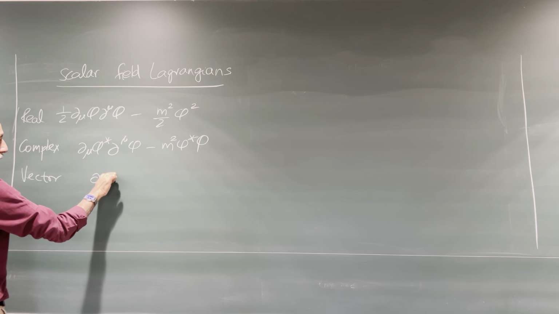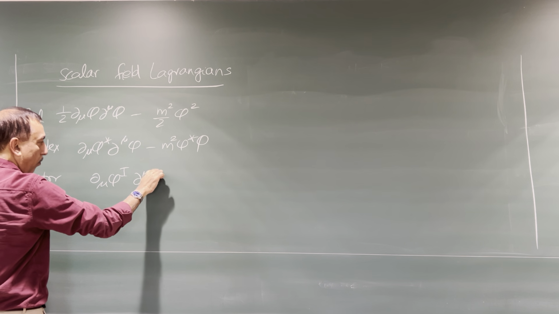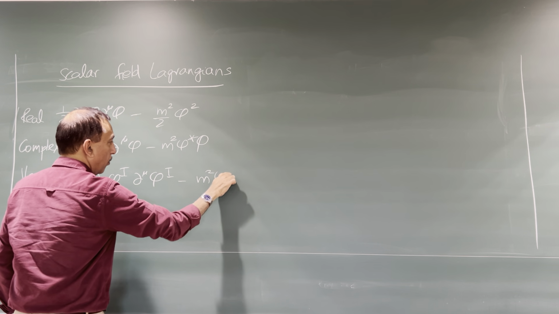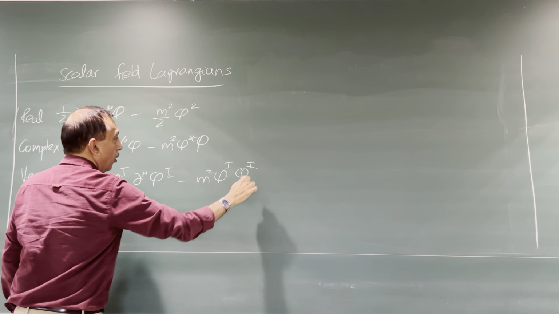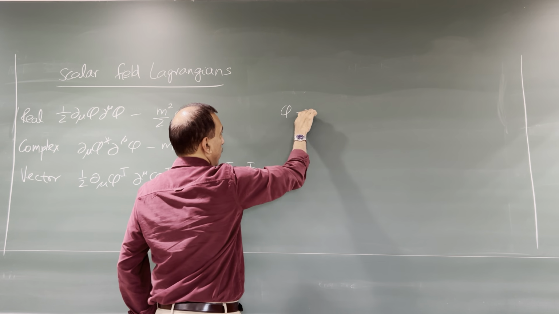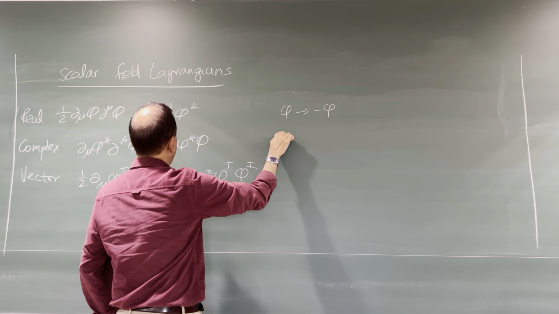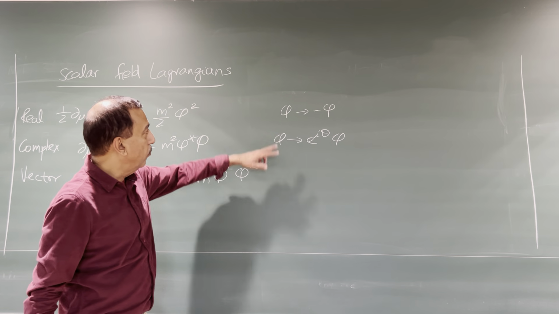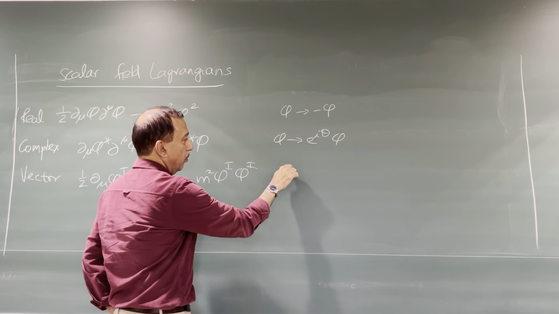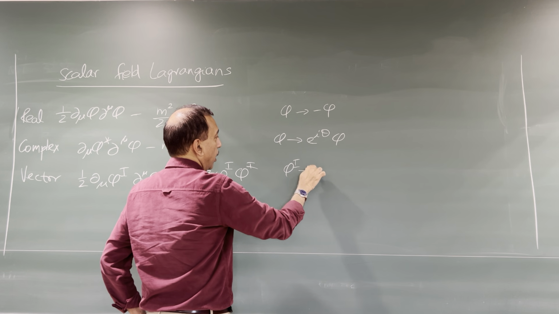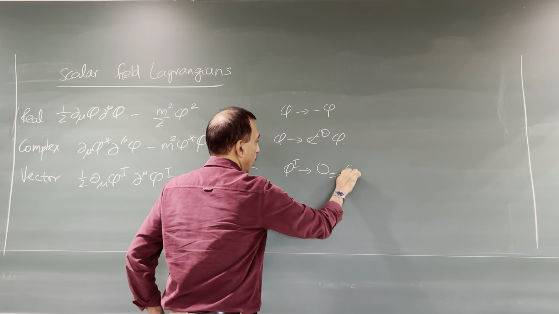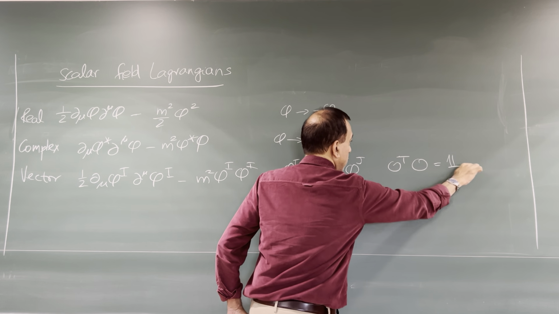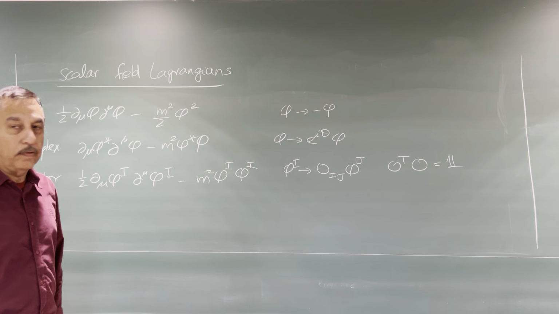And we only did the real vector. And here the symmetry was just phi goes to minus phi. Here the symmetry was phi goes to e to the I theta times phi, which of course includes that one. And here the symmetry is phi_i goes to O_ij phi_j, with O transpose O equals the identity matrix. So far so good.